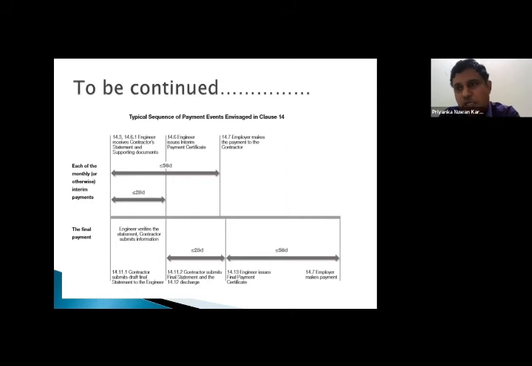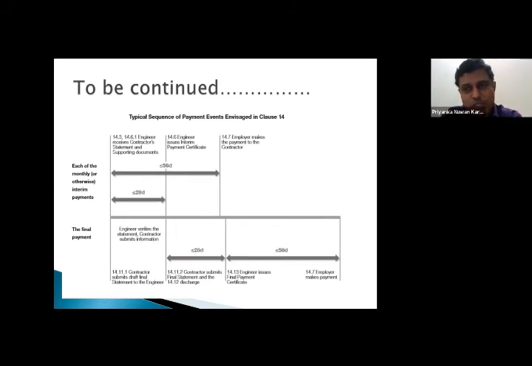Clause 60 will be completely discussed, along with the advancement of clause 60. So it will be very useful for you to attend the second session. We will have a very good insight into how the clauses related to payment and valuation evolved with time, and what problems have been encountered by employers as well as contractors.